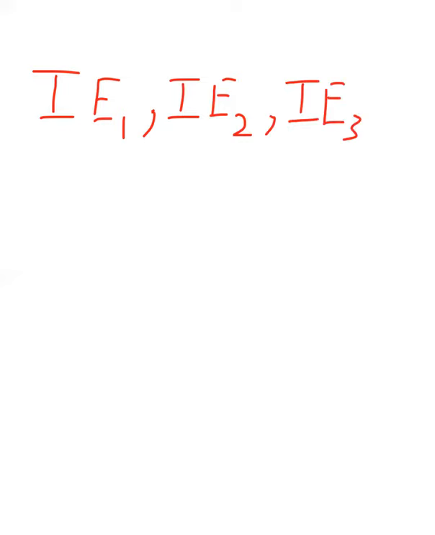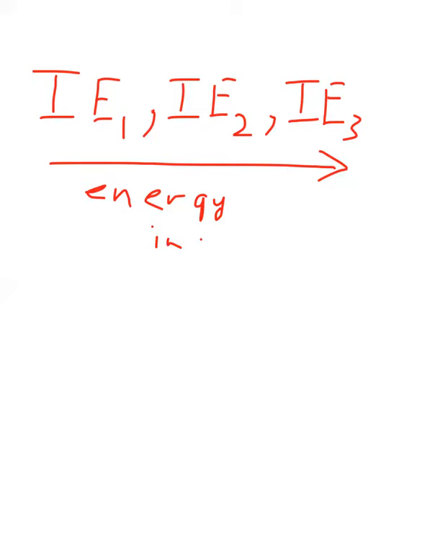Now IE1, IE2, and IE3, these are called successive ionization energies. Going forward, the energy increases. This is because the proton to electron attraction increases.